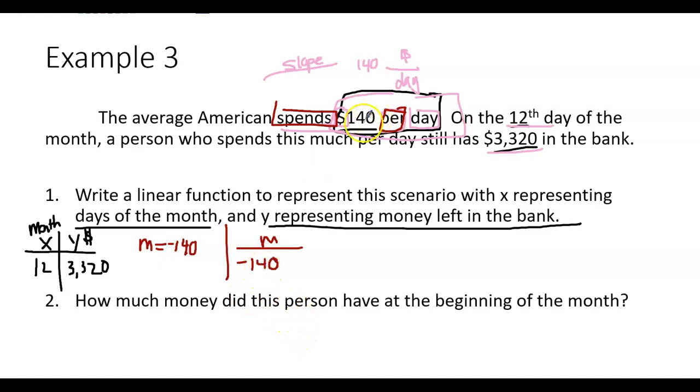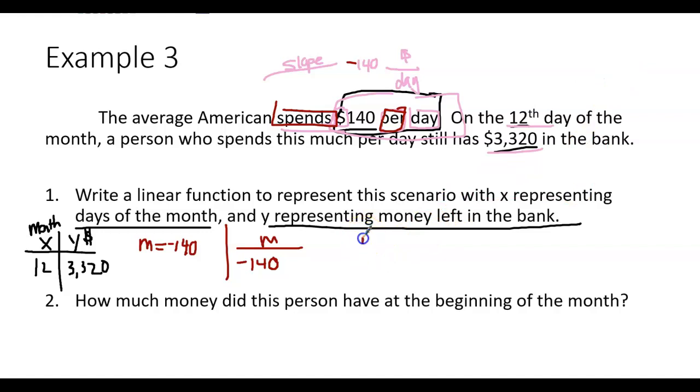The amount of money in their bank account is decreasing by $140 every day. So the slope is actually negative $140 per day. So you've got to be careful with that. That's the one trick with these three number problems: when they tell you the slope right off the bat, you have to think, is this an increasing function or a decreasing function? In other words, is my slope positive or negative?